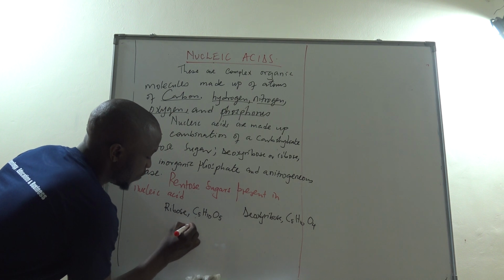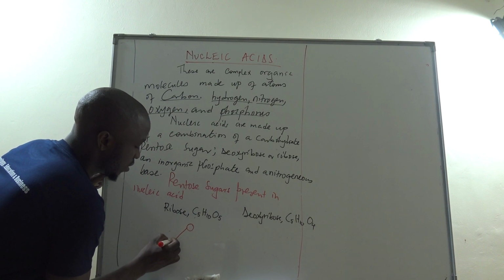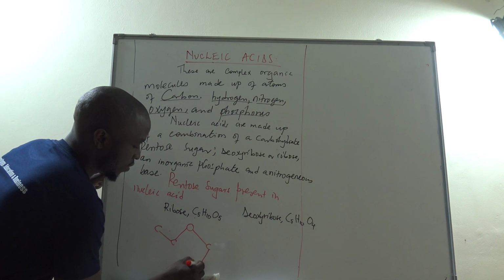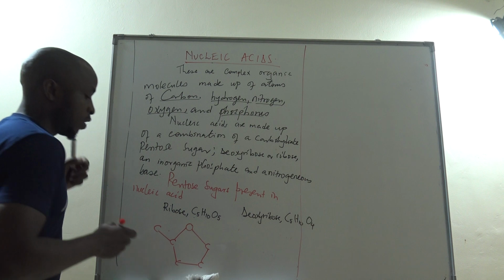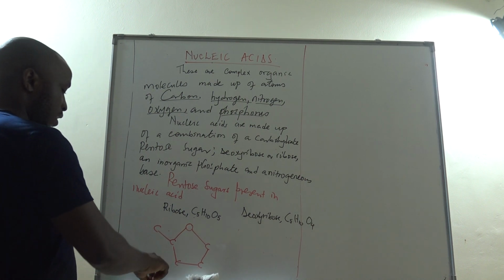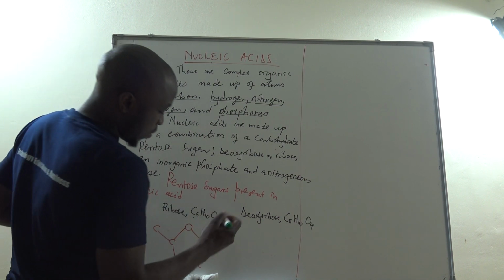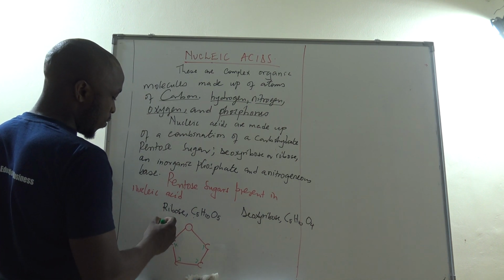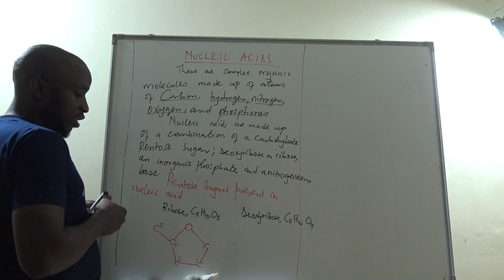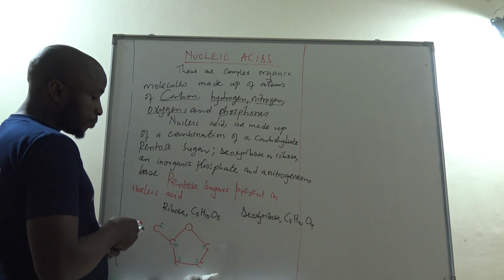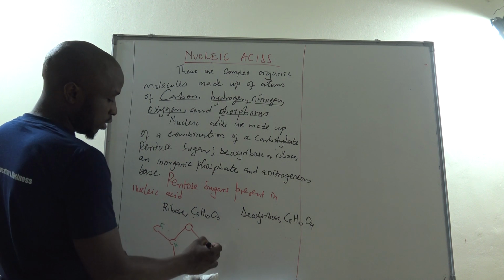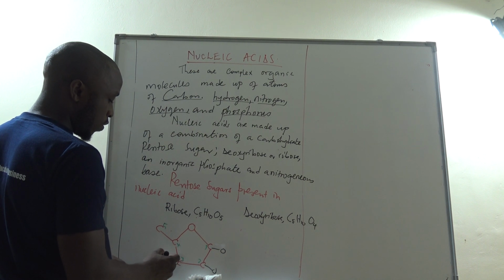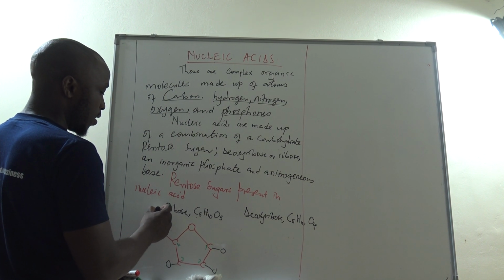Ribose is a furanose, so it takes up a 5-sided ring like this. If we name these carbon atoms, this will be carbon atom number 1, 2, 3, 4, and 5. So how many oxygens do we have? We have 1, 2, 3, 4, and 5.